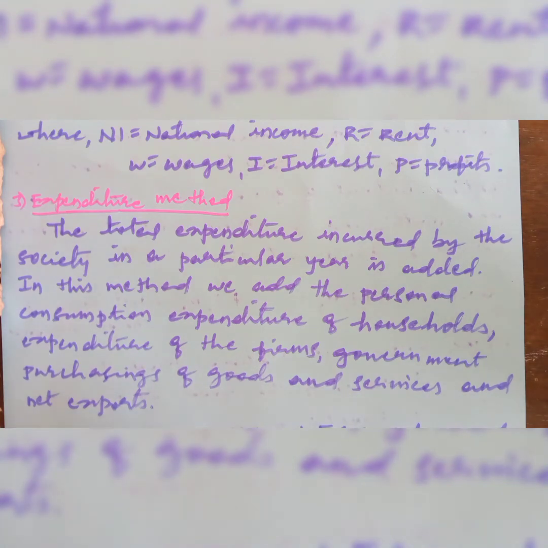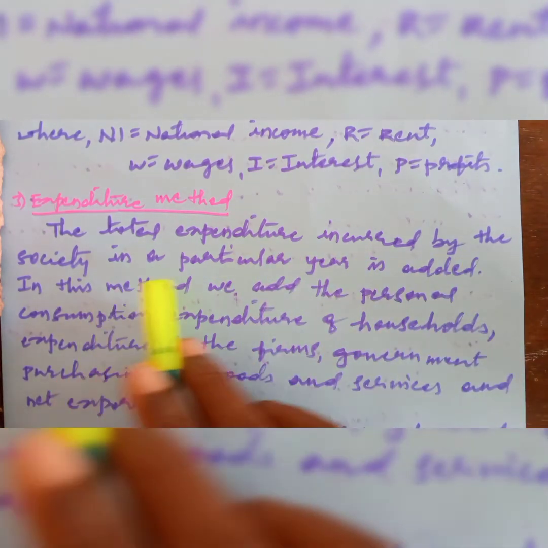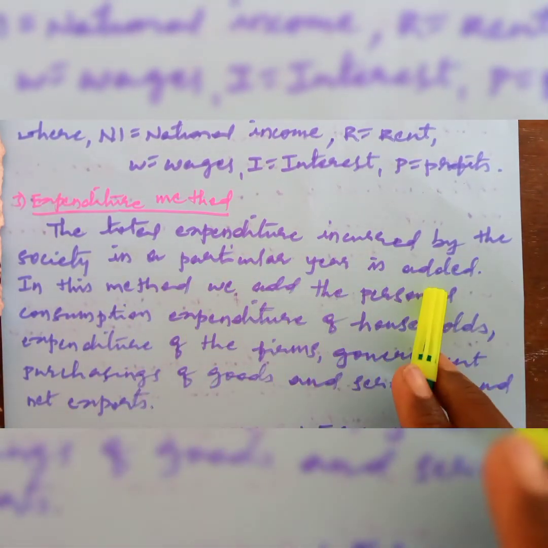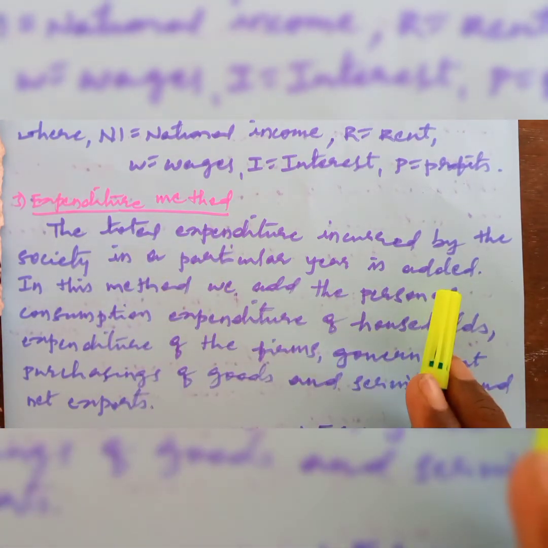In that particular year, each and every individual person, whether they are an entrepreneur, owner, manager, consumer, producer, whoever it may be, the expenditure incurred is added to the national income.